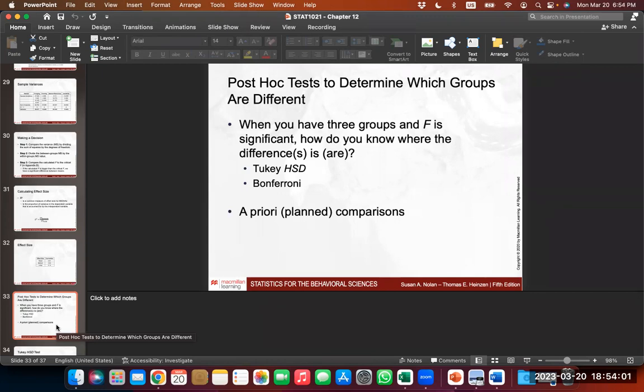Two ways to do that. One is the Tukey honest significant difference test, Tukey HSD. The second one is the Bonferroni corrected multiple comparisons p-value. These are the two approaches that can be used.